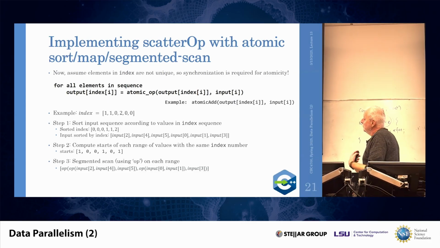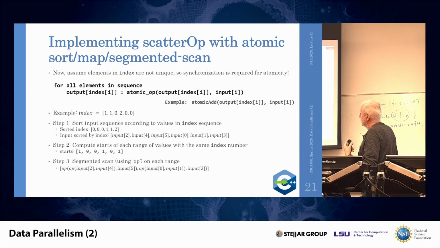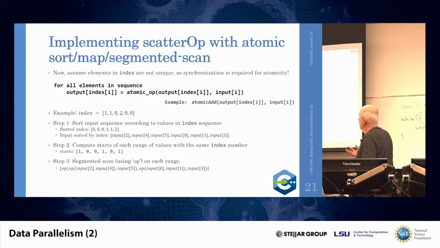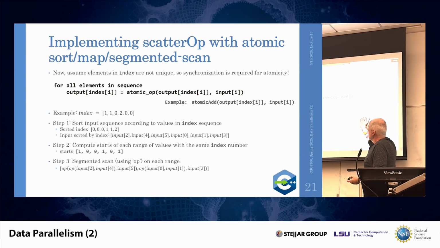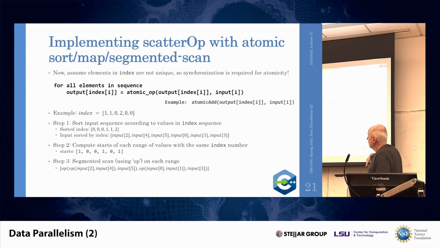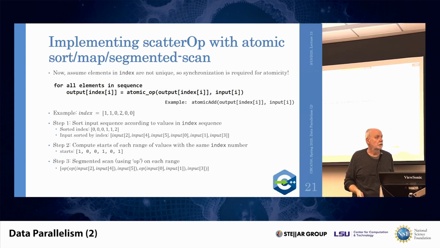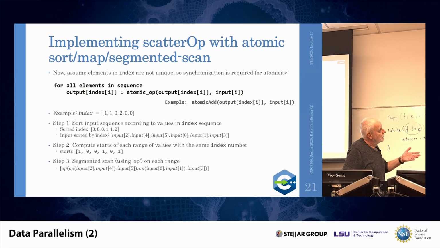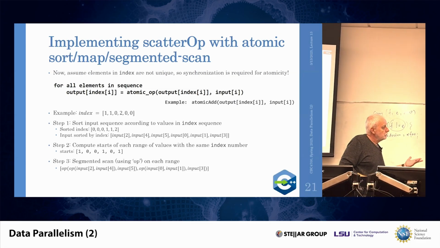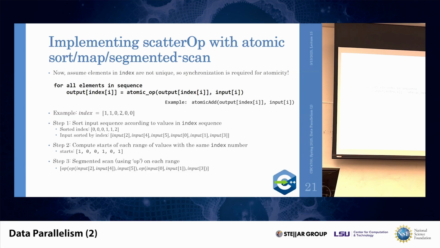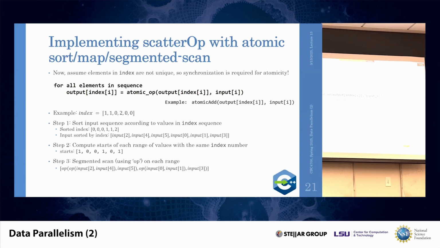So again, if you have non-unique indices and you want to apply a certain operation, make that operation atomic and use a normal segmented scan algorithm, and that gives you the result. Yet another example of how you can use these building blocks to construct more complicated things on top of it.